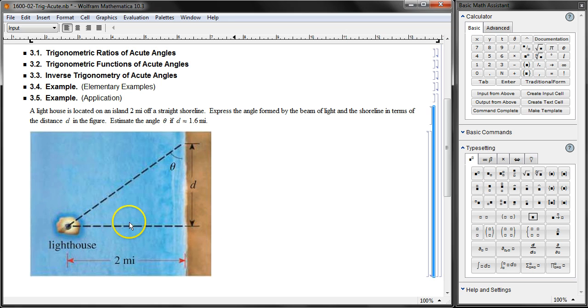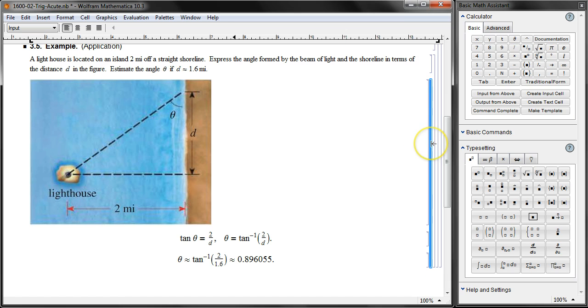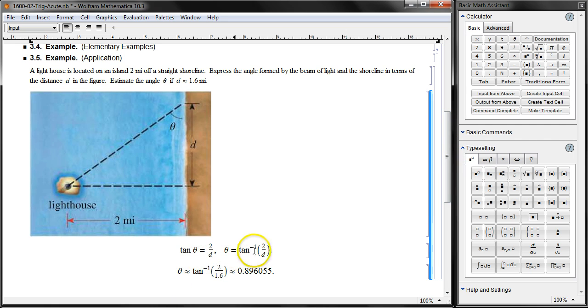Looks like the opposite is given and the adjacent is given, and you have to find the angle theta. Alright, opposite is 2 miles, adjacent is 1.6 miles. What is the trig ratio associated to opposite and adjacent? It is tangent. Tangent again. So tangent of theta is 2 over 1.6. d is 1.6.